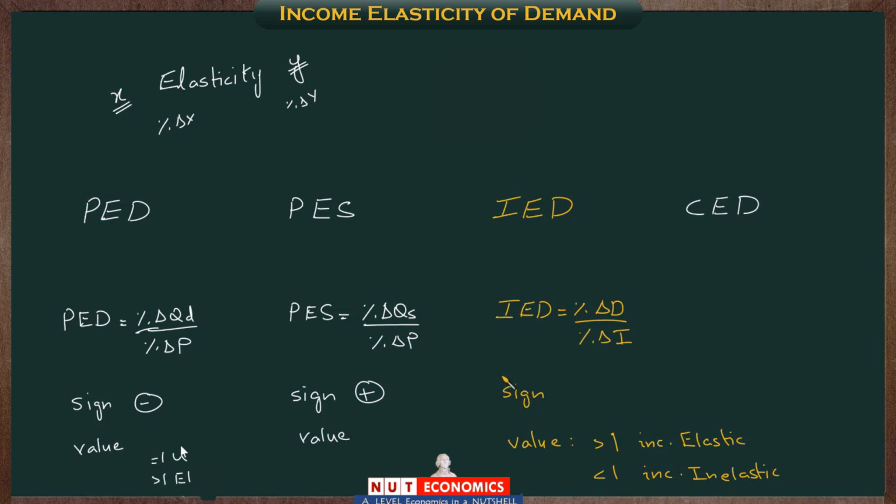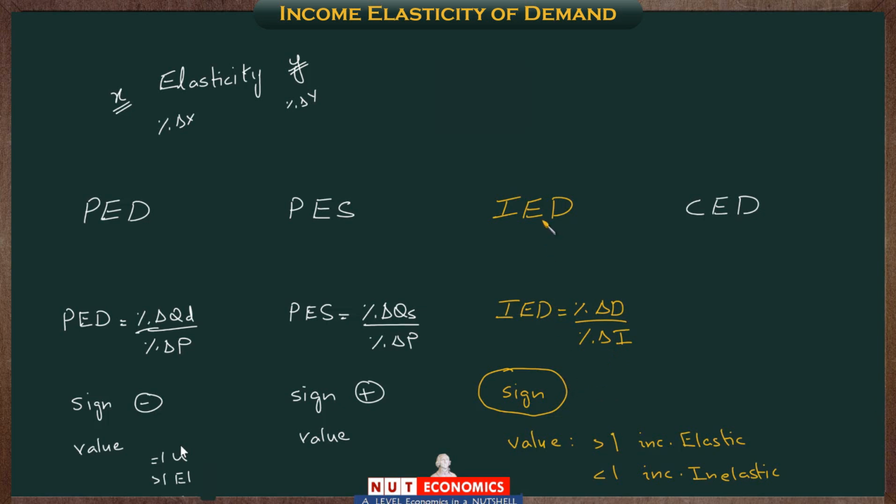And this is where things get interesting, because as far as this concept of IED is concerned, all the importance lies in the sign of the IED that you would get using this formula when you calculate it for any product.